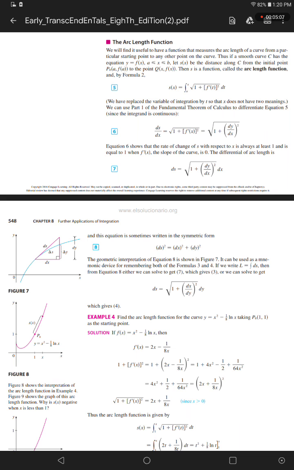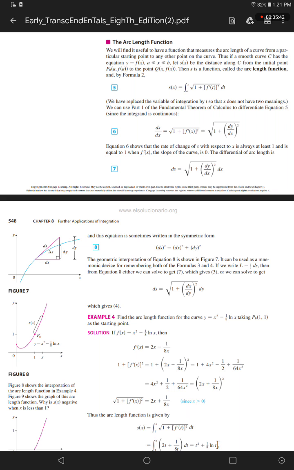Equation 6, ds/dx = the square root of 1 + [f'(x)]² = the square root of 1 + (dy/dx)². Equation 6 shows that the rate of change of s with respect to x is always at least 1 and is equal to 1 when f'(x), the slope of the curve, is 0.